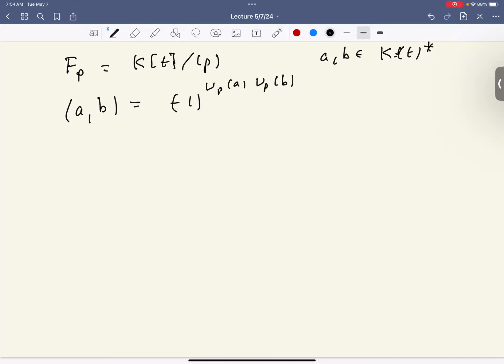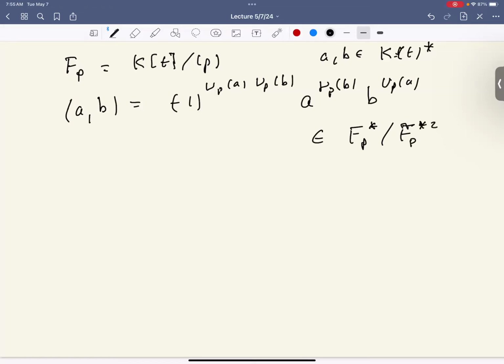And then you take A to the valuation at P of B, and B to the valuation at P of A, and you think of this as being in F_P star mod F_P star squared. So you only consider it up to squares, just like the Hilbert symbol.